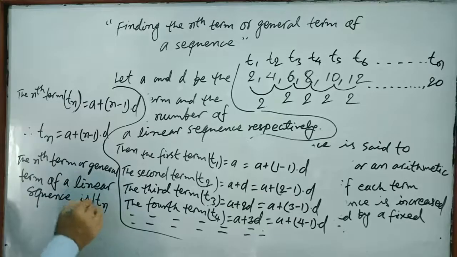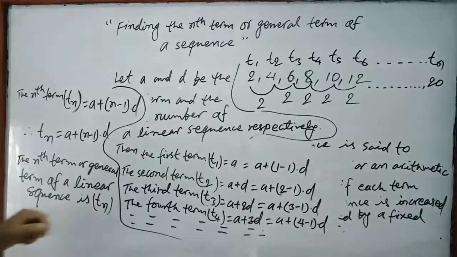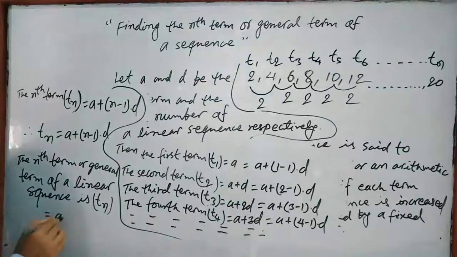General term or nth term is denoted by Tn equal to a plus n minus 1 times d. Understood?